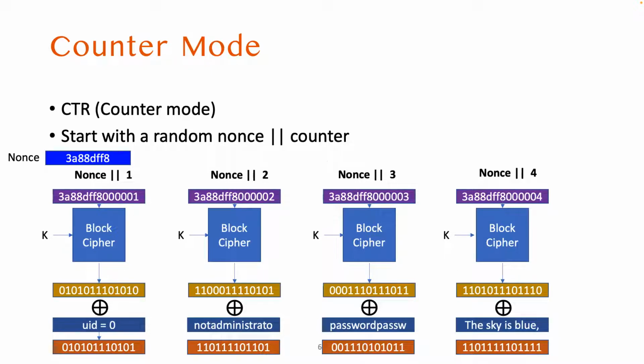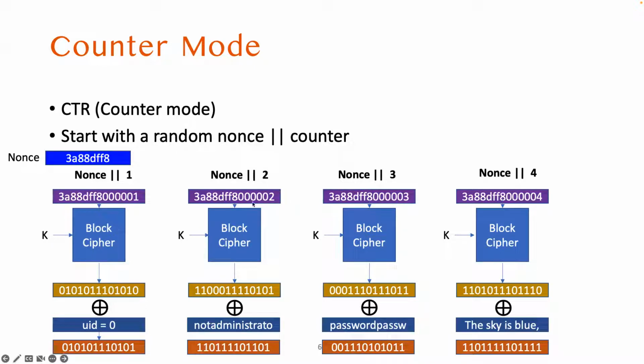In CBC mode, we need an IV, an initialization vector, as a random number. But in counter mode, we need to set a random nonce. And then how we will use this nonce is that after this nonce, we will attach the counter number 1. And for the first block, we will encrypt this number to get some random-ish number like this.